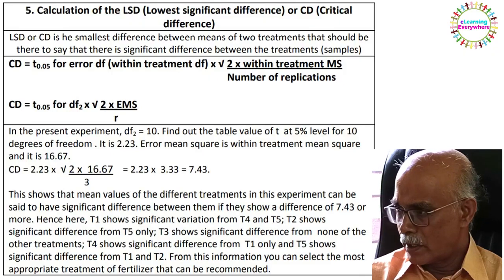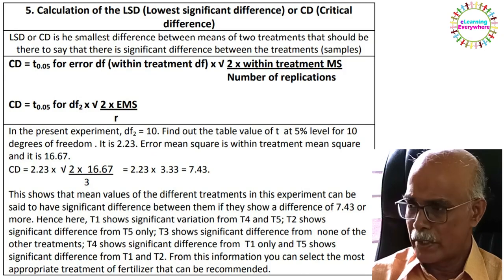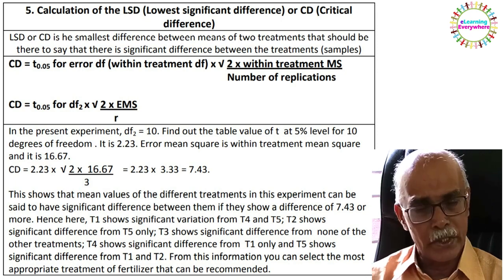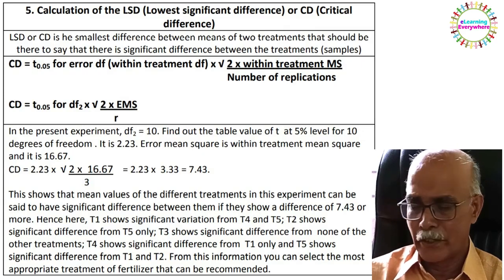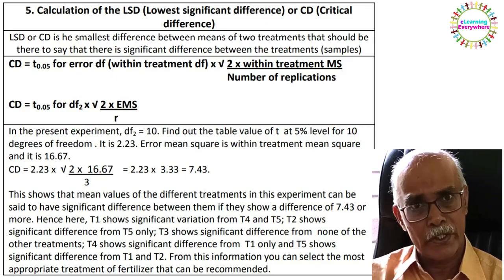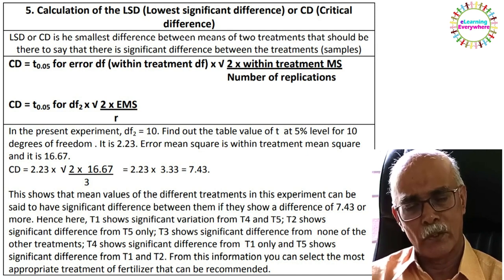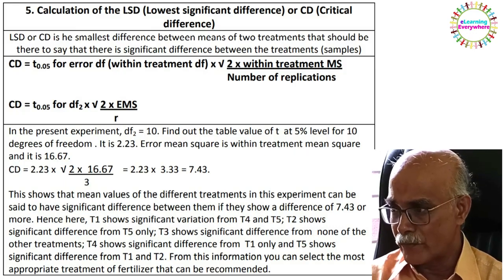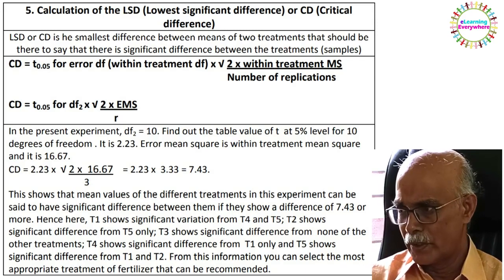So you can calculate the CD, and CD is calculated using an equation in which you are multiplying the t value. You know, t is also a test statistic, a distribution of which you will get in the form of a table. From the t table, you can find out the t at 5% level for the error degree of freedom.